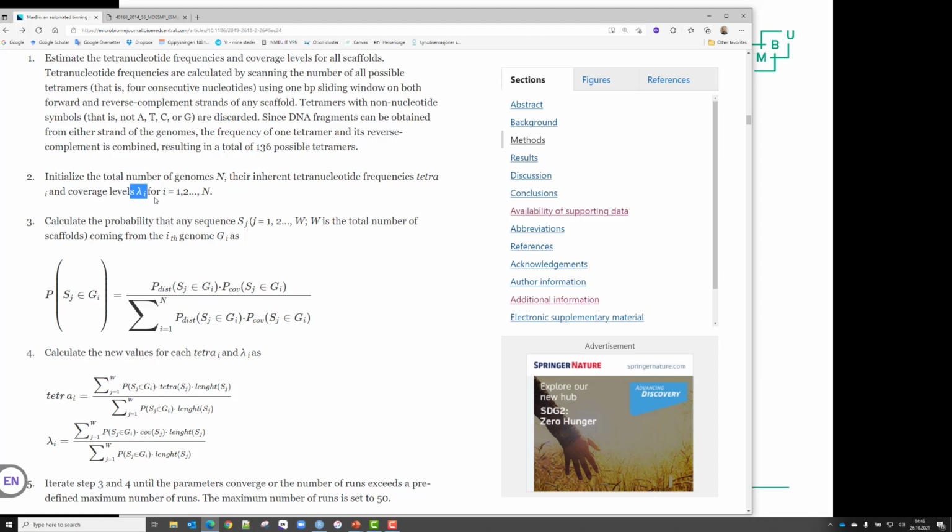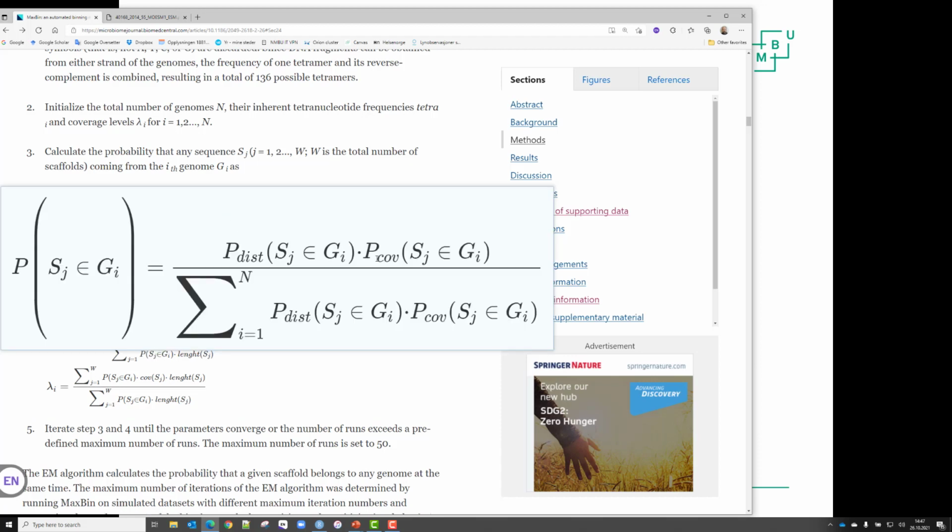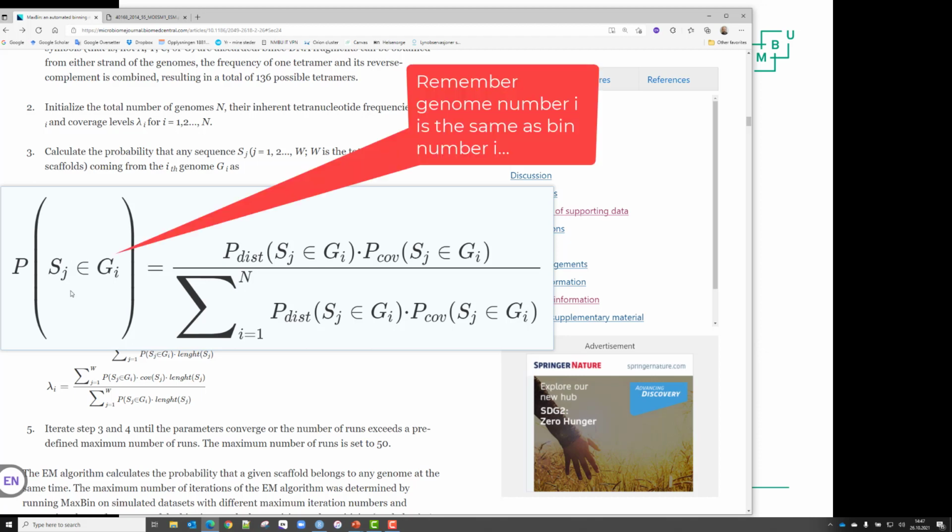And then this probability here is computed, and notice that here we use the p-dist and the p-cov in the numerator here, and in the denominator we just add up all these probabilities for all contigs. So we have again a relative value here, and this is then the probability that contig number j belongs to genome number i.